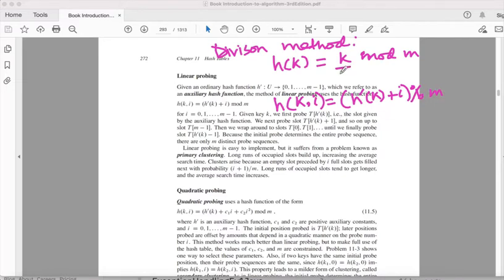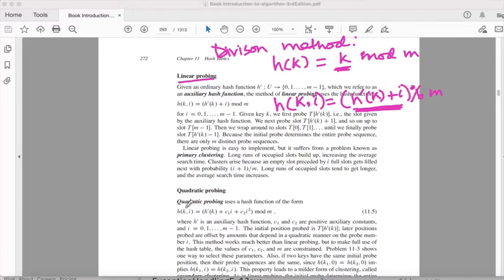So instead of using k directly for linear probing, we use another function. This one is used for the offset, how many steps it goes down from its original position. That is called linear probing. This method is a linear method.